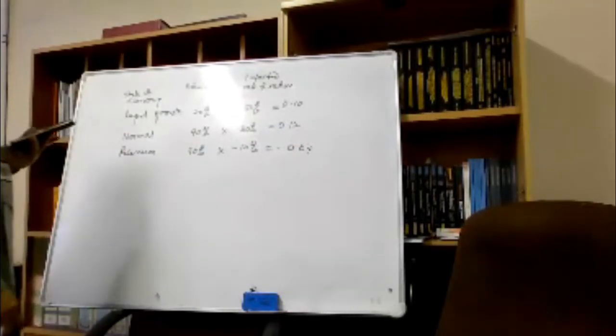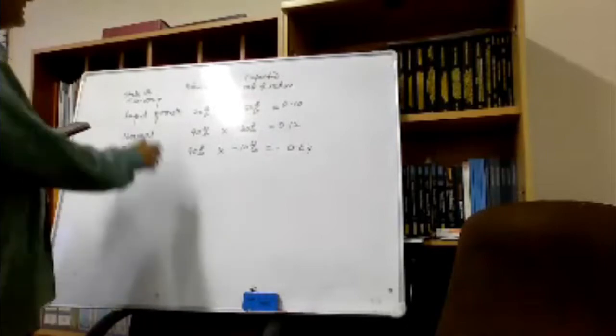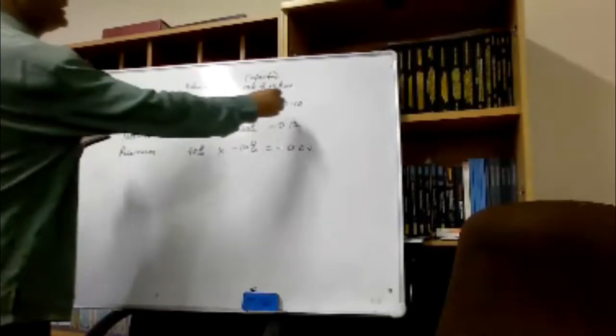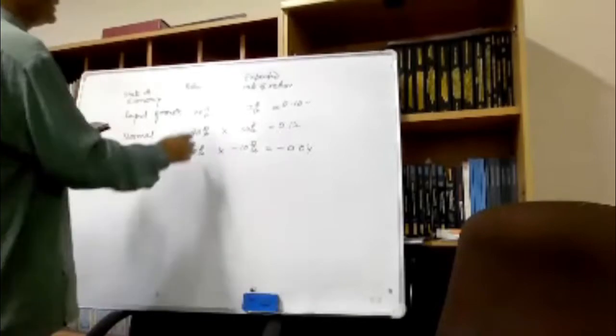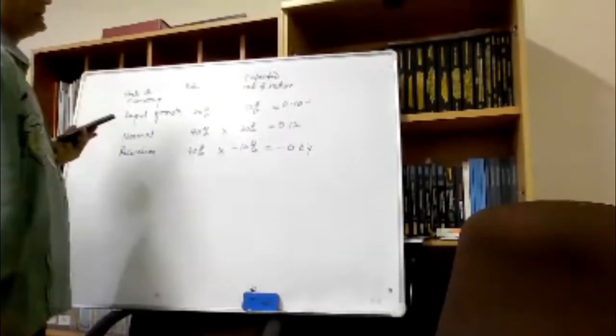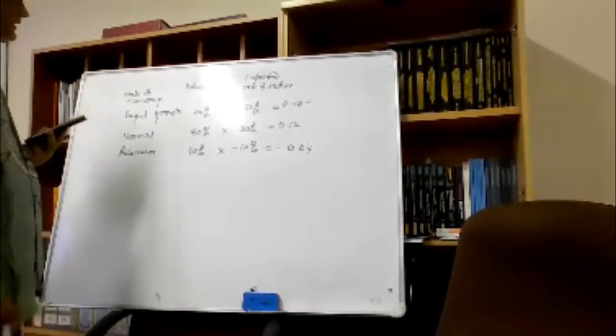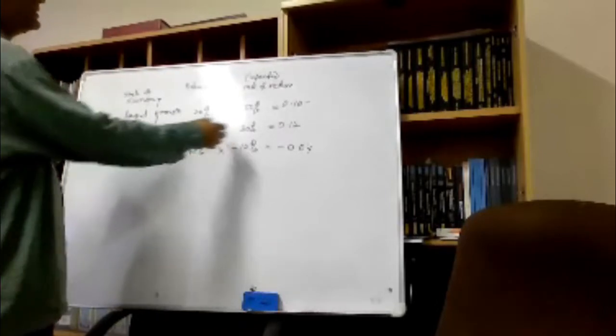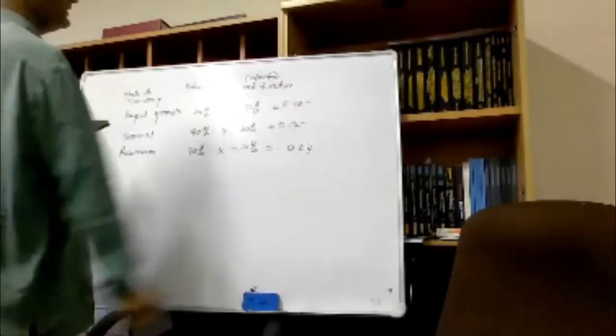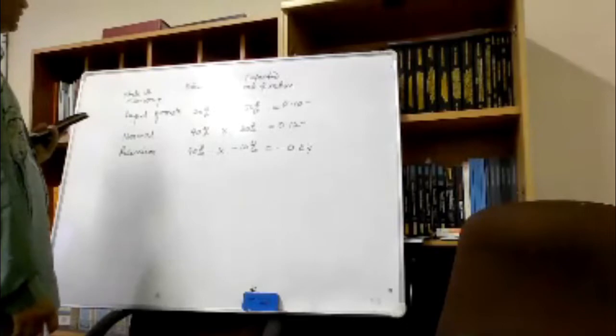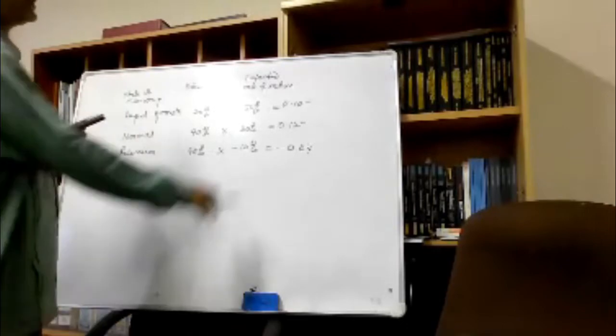So if it is a rapid growth, that is what you expect: the probability multiplied by the expected rate of return. If the economy is in a normal situation, that's what you expect. If the economy is in a recession, then those you expect.